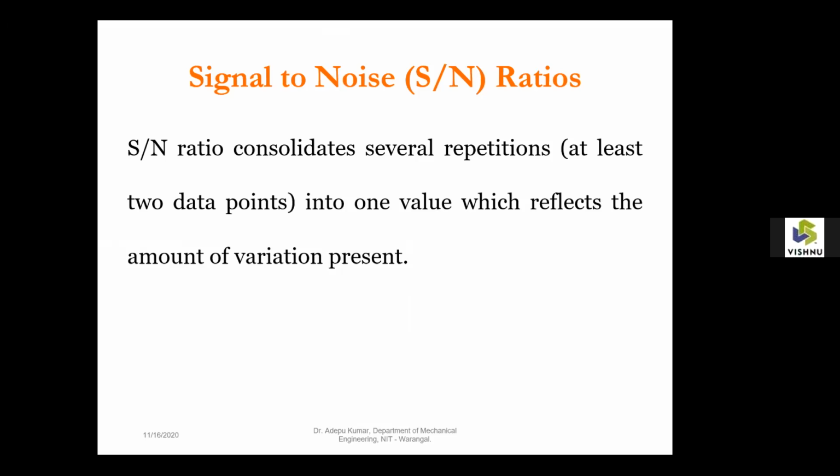If the cost of the material or the cost of the process is medium, then you had better take three data points. Why are we taking three data points? For example, I am measuring the metal removed in a turning process. In the same condition, I am getting 20 mm cube per minute, 21 mm cube per minute and 30 mm cube per minute.